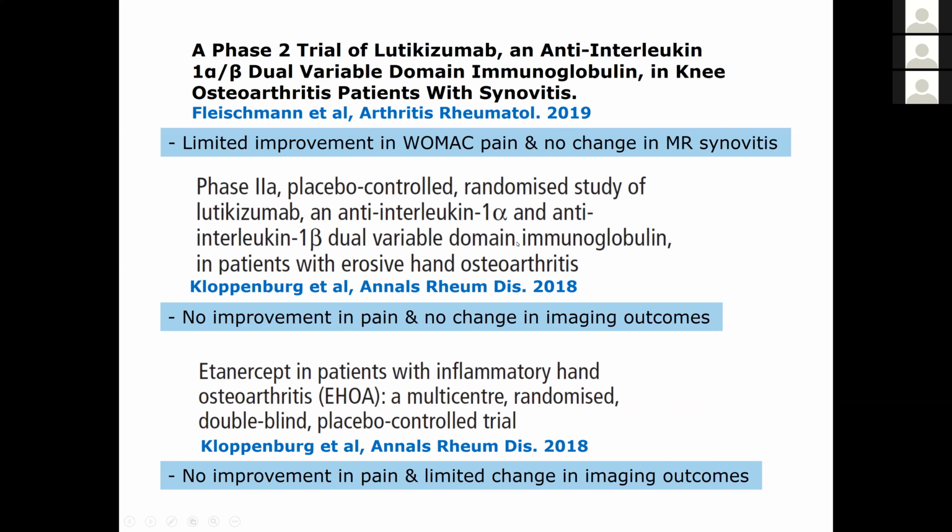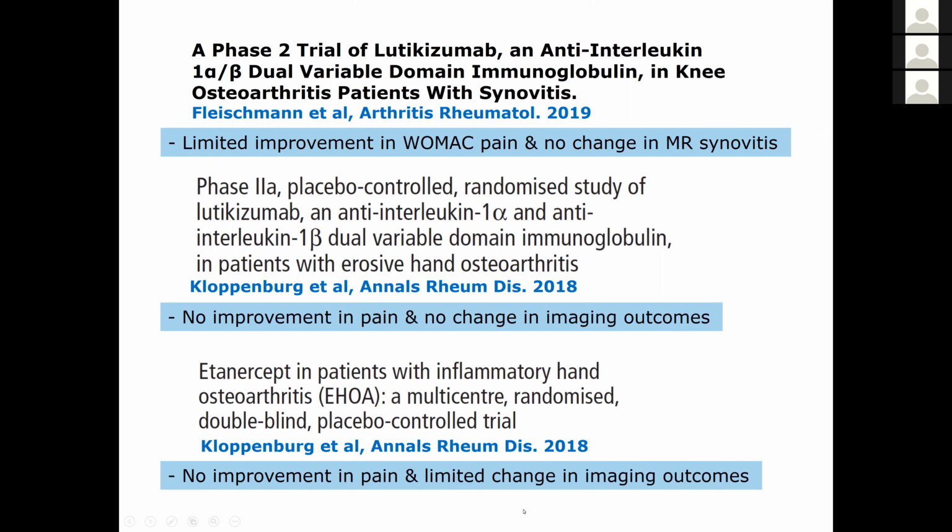And then two studies of erosive hand osteoarthritis, one of the same interleukin-1 inhibitor, and one with a TNF inhibitor. Basically no improvement in pain, and in the IL-1 inhibition study, no change in imaging outcomes. And the same with the anti-TNF, no improvement in pain and very limited change in the imaging outcomes.